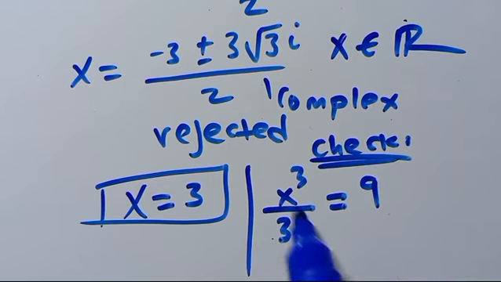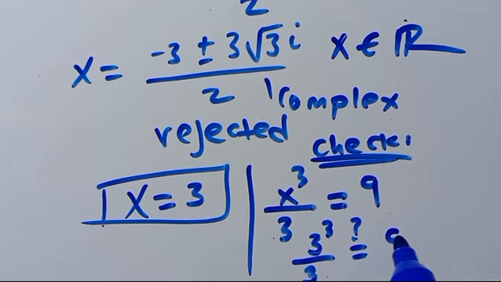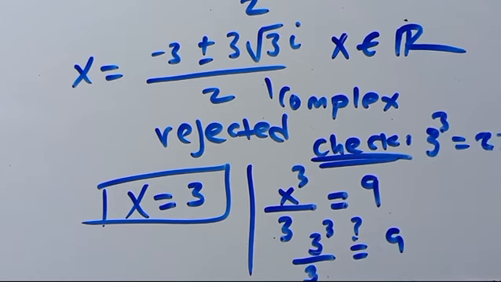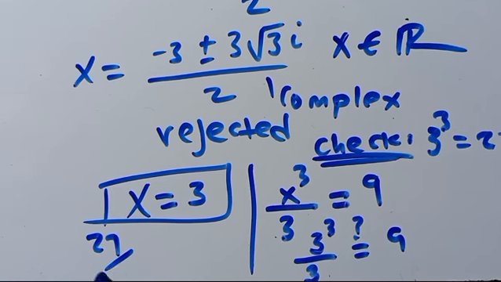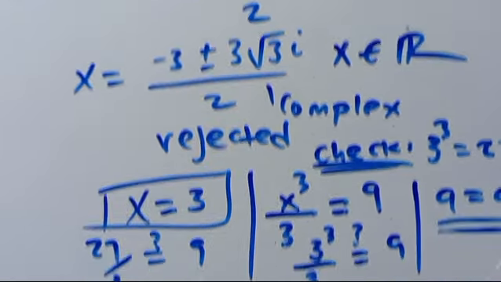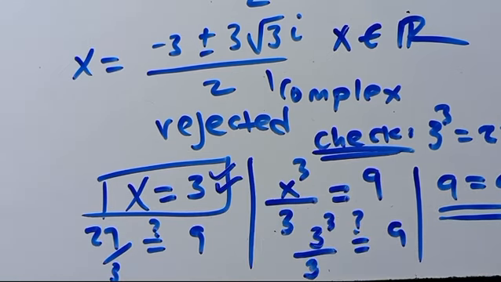We are going to have 3 to the power of 3 over 3, which should give us 9. 3 to the power of 3 equals 27, so we have 27 over 3, which gives us 9. 27 over 3 is 9, equals 9. So the left hand side equals the right hand side. If that is the case, this solution is satisfied. So let us now check from here to the end.